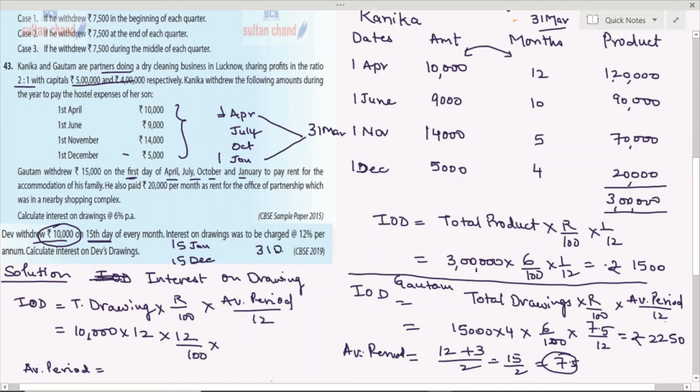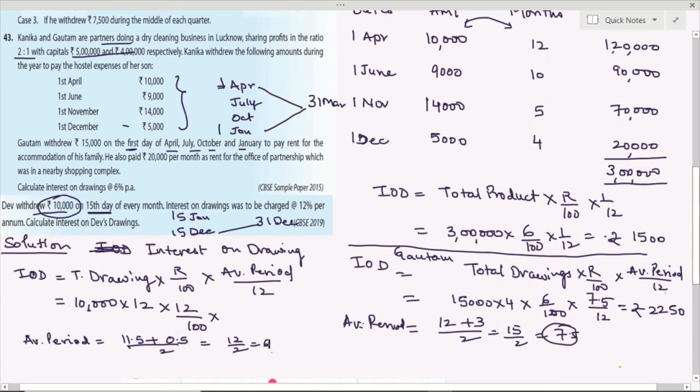I'm comparing it with the closing date, that is 31st. So 15th of Jan to 31st of December, how many months is it? 11.5, plus 15th of Dec to 31st of December, this is 0.5, divided by 2, which will give me 12 by 2, or I can say 6. So I can take the average period as 6 by 12.